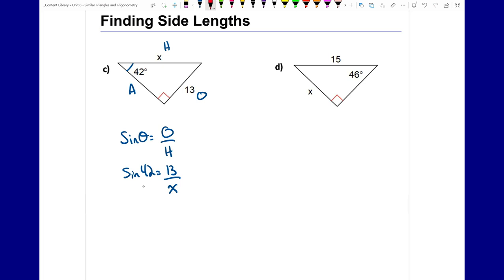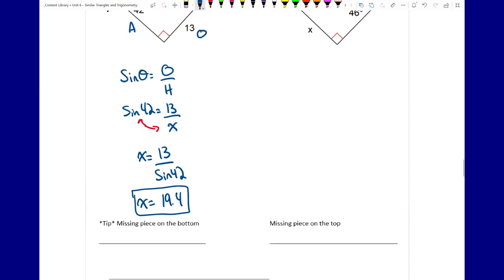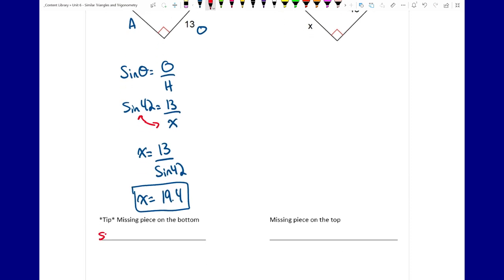We can simplify it, which we said switch and divide. So x switches with the sine 42, so we have 13 divided by sine 42. We get x is equal to 19.4.